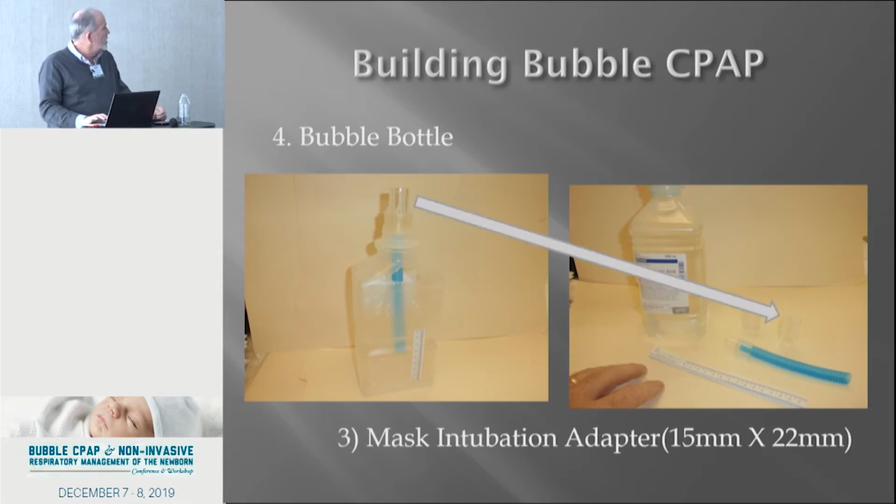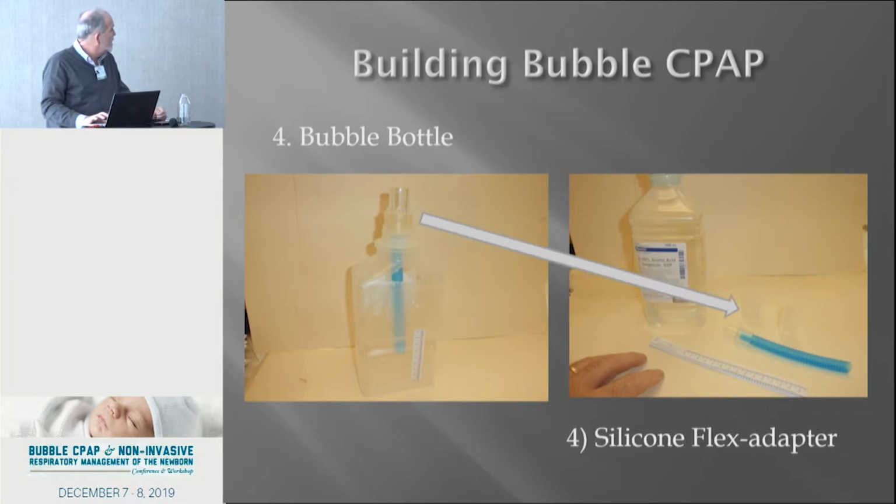There's the blue, and then there's these adapters to make it connect snugly. We decided that for us, the best was to have the top of the bottle where the tubing comes in secure and snug, so that if we wanted it at 5, it was at 5, and there was no chance of it pulling out or advancing with people moving around the bedside and bumping it.